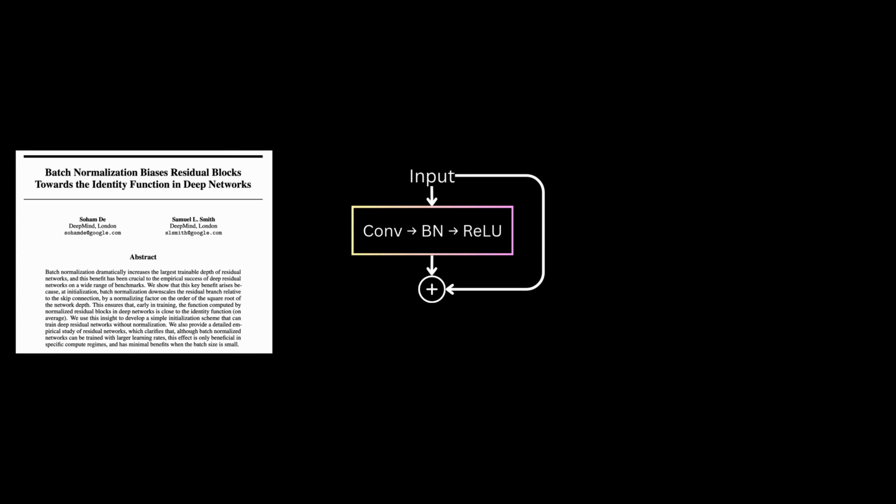Focusing on one of these blocks, and for simplicity, let's go with only one layer. The input to this layer will be XL, where L represents the residual block number. Then the output would be XL plus 1, which will be XL plus FL of XL, where FL represents the function computed by the residual branch of the Lth residual block.